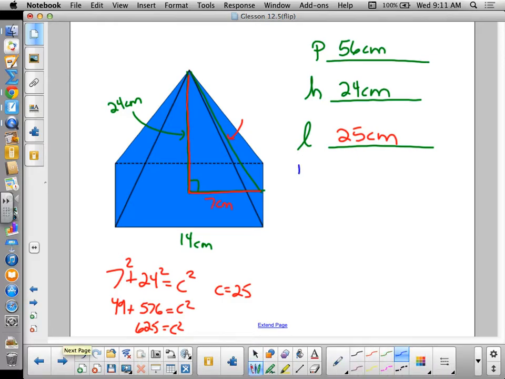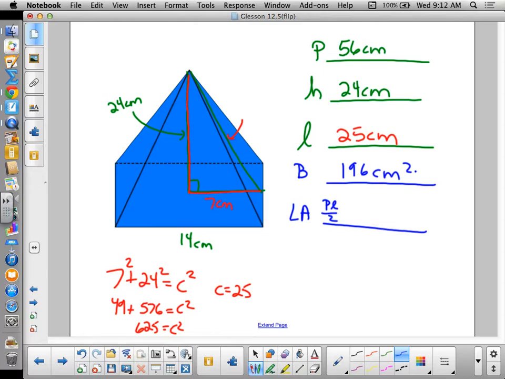Next, let's start finding our areas. My base area, well, that's a square. It's going to be easy. 14 squared is 196. My lateral area, to remind you of yesterday's formula, is perimeter times slant height divided by 2.